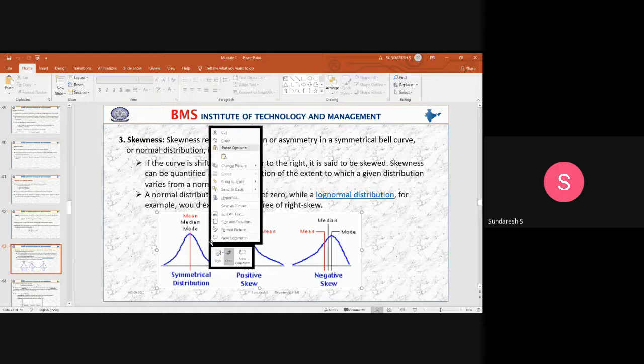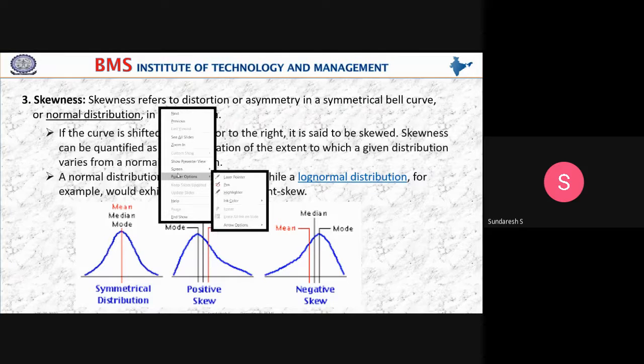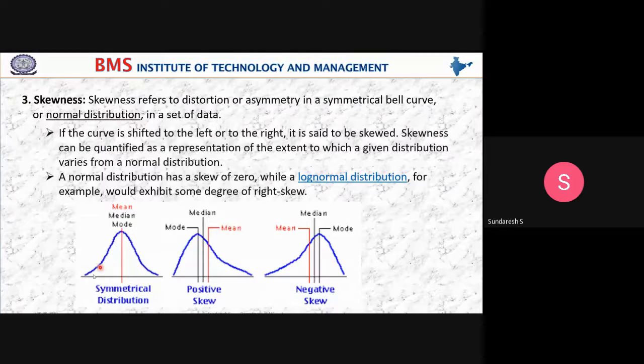I think you can understand here. This is a bell curve, right? So this is the normal distribution curve, symmetrical distribution. It has symmetry with respect to the mean median mode line. So this is the mean median mode line. Okay, so you get symmetry across the mean median mode line. This is called a normal distribution curve, or simply a bell curve, right?